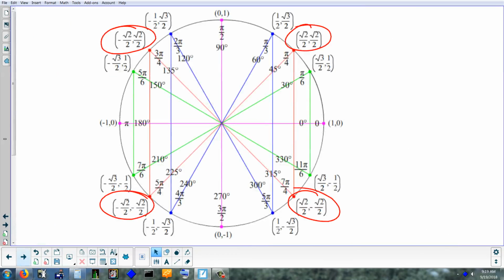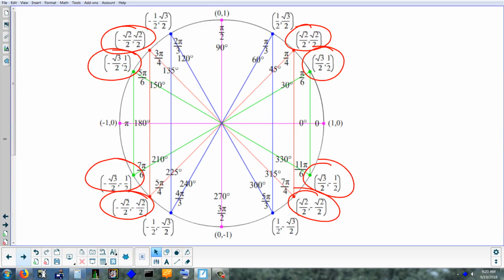They're all root 2 over 2. It's just sometimes there's a negative in front of one or both of them. The green triangles, those are all root 3 over 2, 1 half, root 3 over 2, 1 half, and so on. The only difference is sometimes there's a negative in front of one or both. And then the blue triangles, those are your 1 half, root 3 over 2s. Sometimes there's a negative in front of one or both.